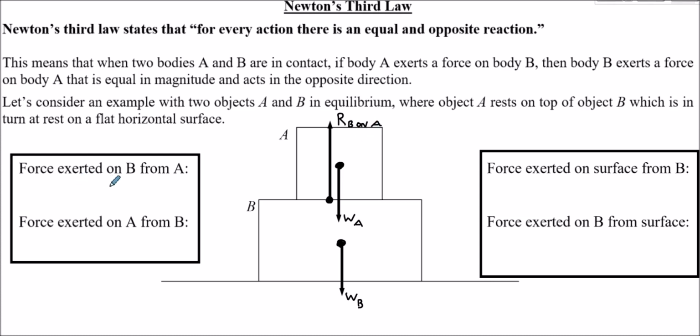So let's consider the force exerted on B from A. Well, the force exerted on B from A is essentially the weight of A, which is pushing it down. So that's going to be equal to the weight of A. But the force exerted on A from B, so on A from B, is the reaction force.